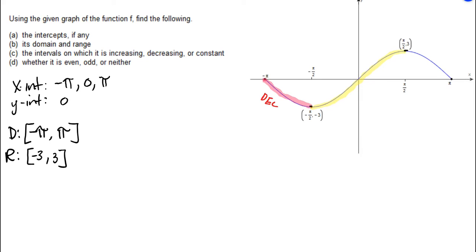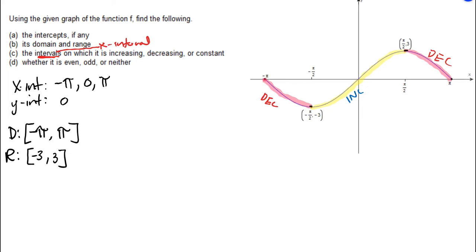So let me label these as increasing. And then the y values are decreasing. And now I want to label the intervals. When they're asking for intervals, we're talking about the x intervals.